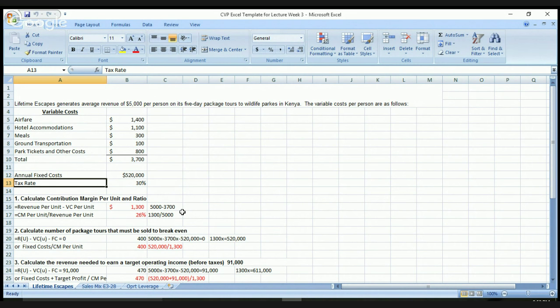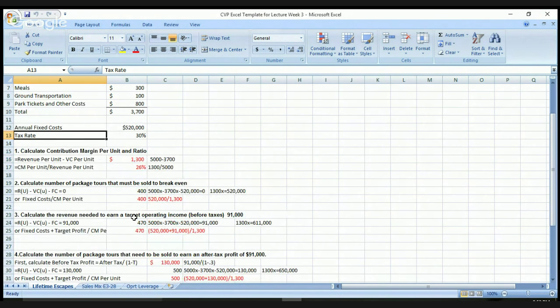All right, now to calculate the break even, again, what is the formula? It's revenues minus variable costs minus fixed cost equals 0. So I'm going to take the 5,000x minus 3,700x minus the fixed cost of 520,000, and I'm going to set that equal to 0.